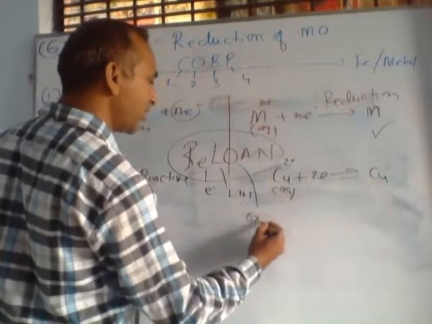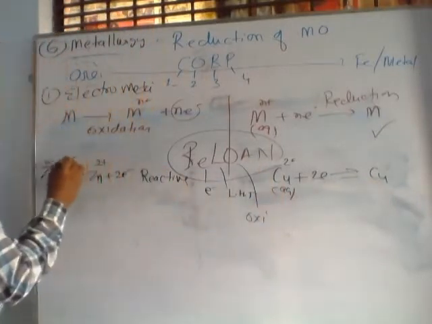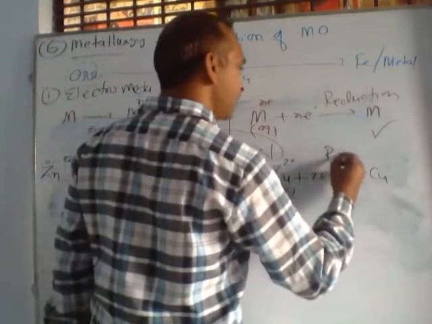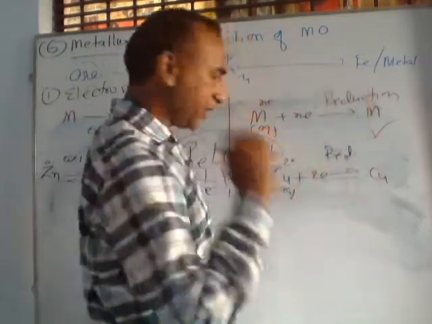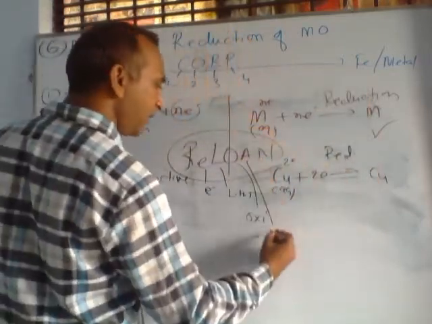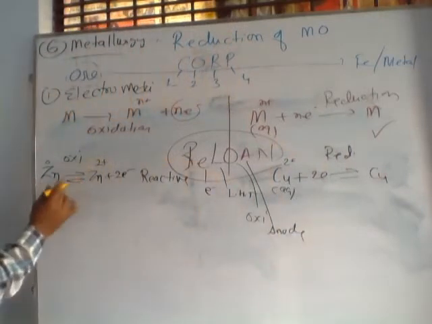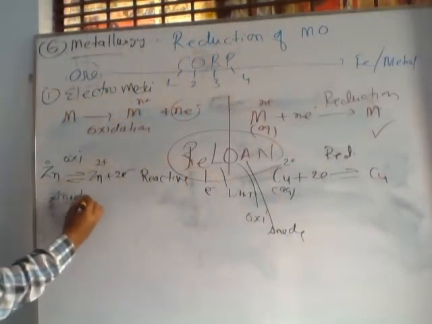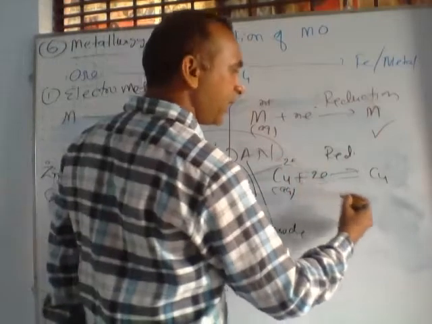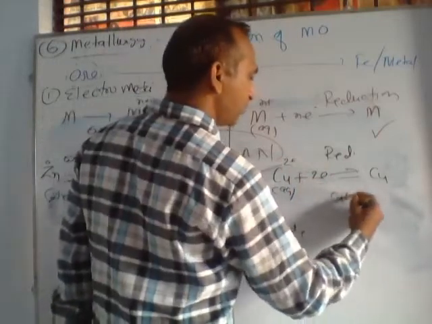O means oxidation, so this process is called oxidation, and this process is called reduction. A stands for anode. The zinc metal behaves like the anode and the copper metal behaves like the cathode.